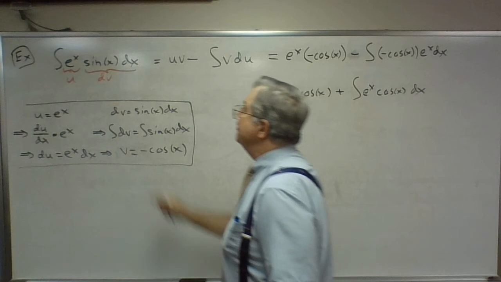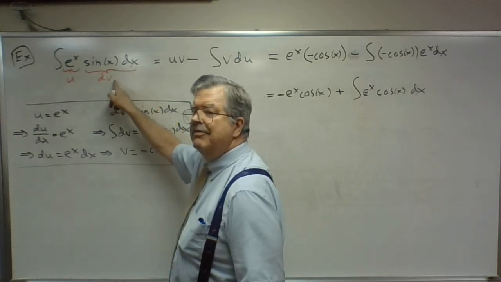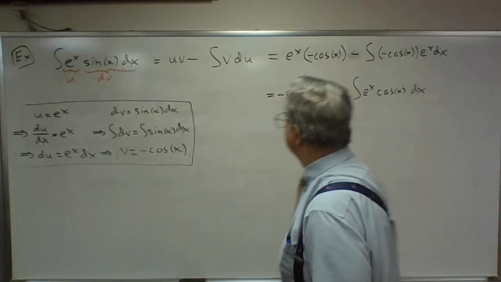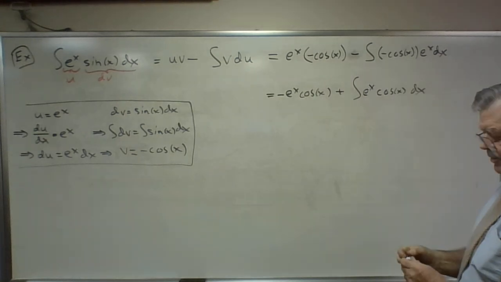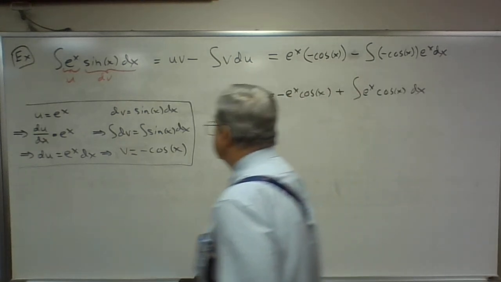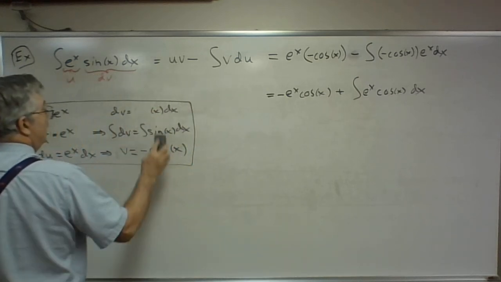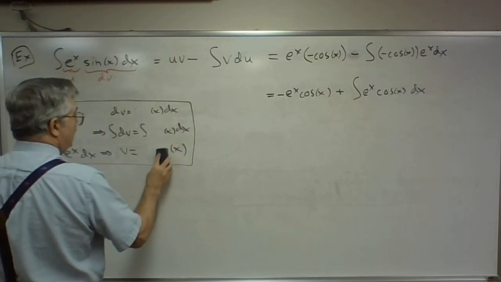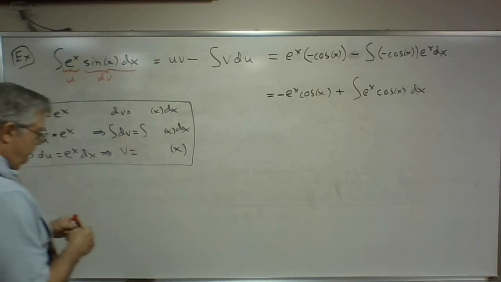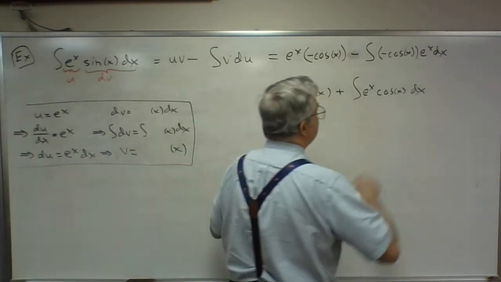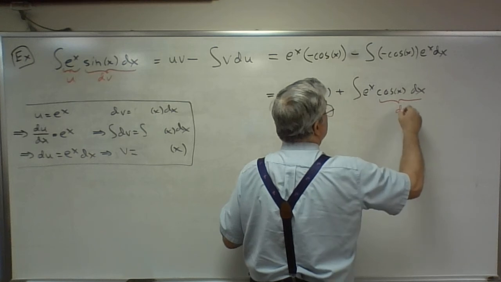And if the trig function was the dv the first time around, we're going to let the trig function be the dv the second time around. So u is still going to be e to the x. dv is going to be cosine of x dx.